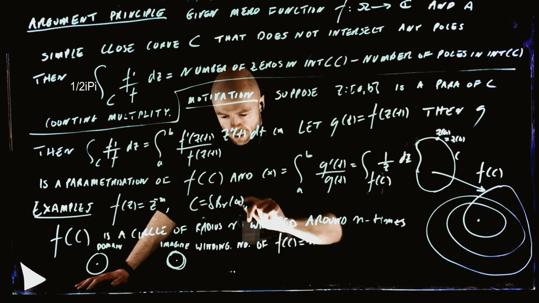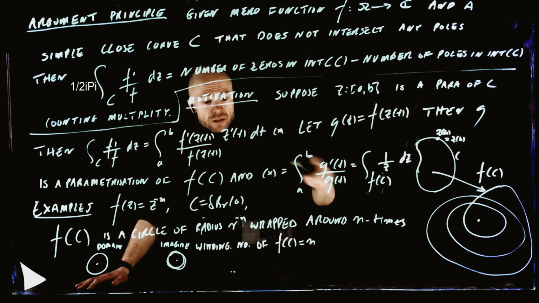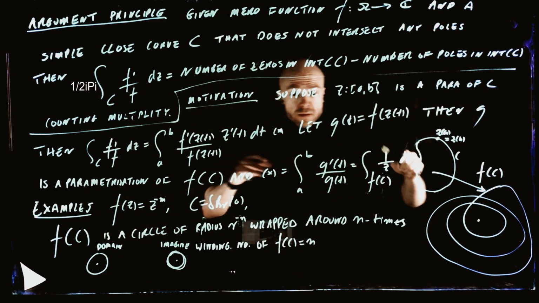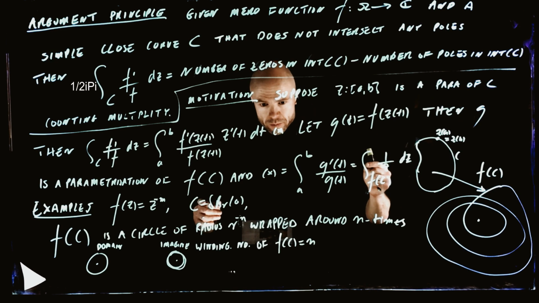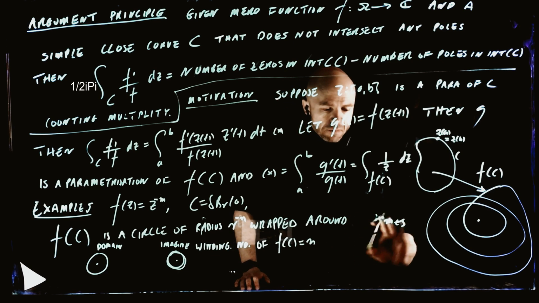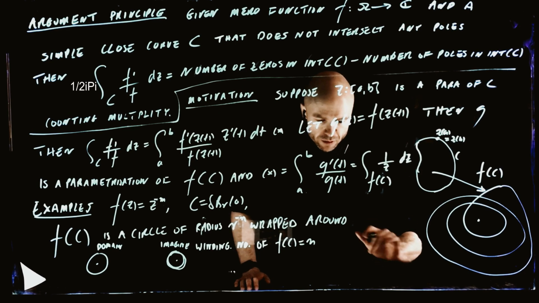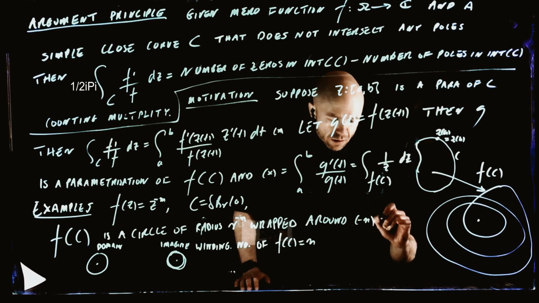It's wrapping around clockwise, which means it's wrapping around minus m times, because clockwise is the opposite orientation.